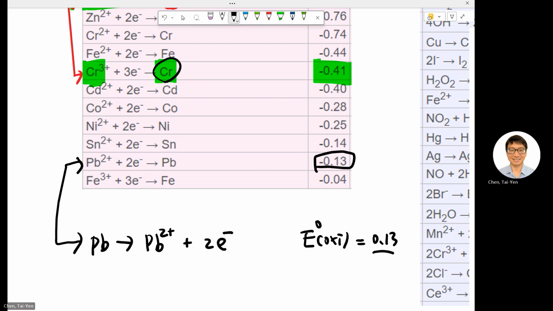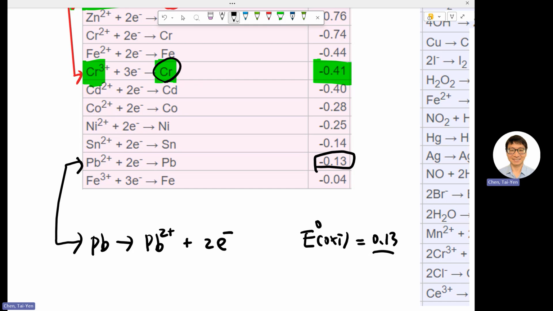Okay, so this will be needed when you want to find the species at your anode, right? Because once you see the anode, oxidation is what you're looking for. Once you see oxidation, you need to use the oxidation potential instead of the reduction potential.